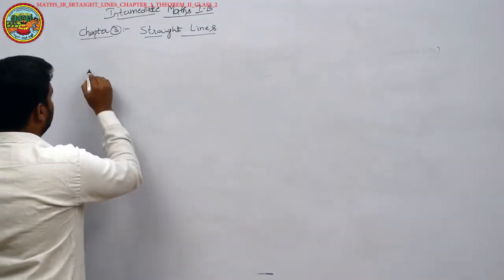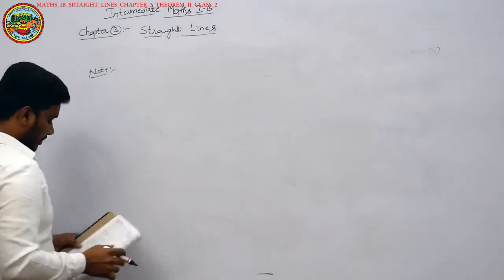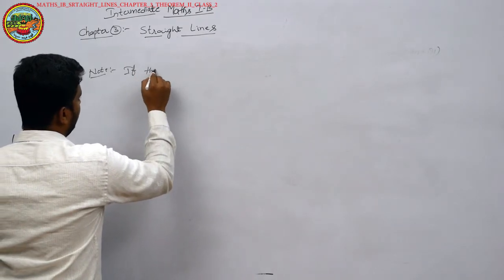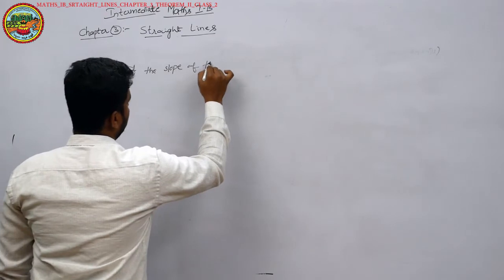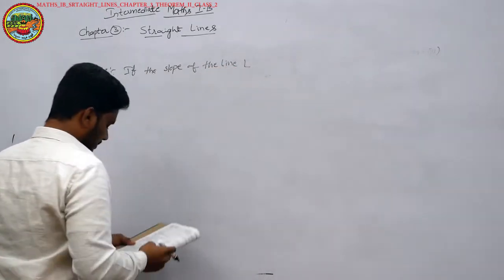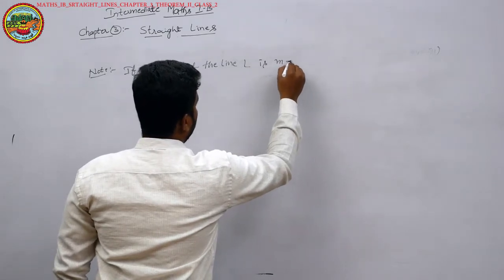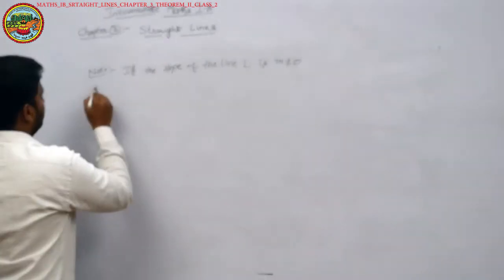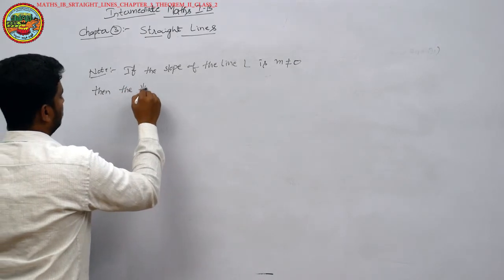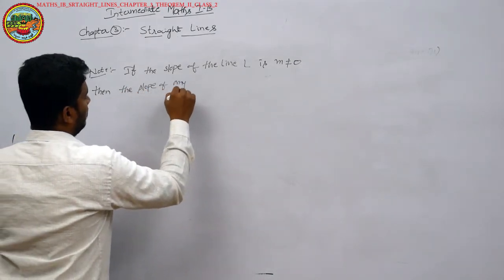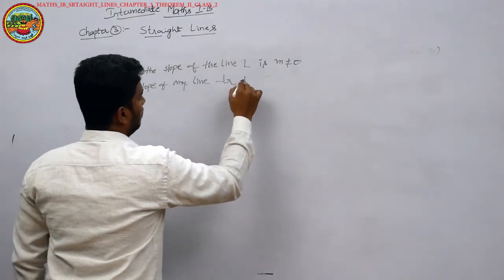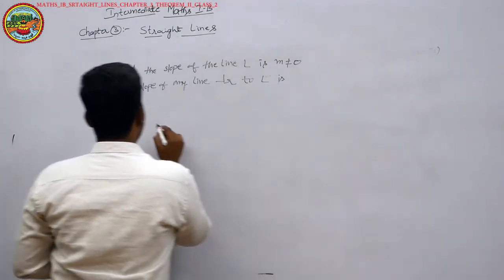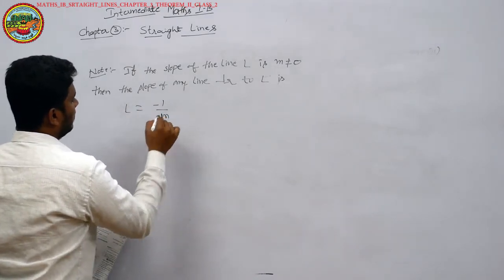So here is a note: if the slope of the line L is not equal to 0, then the slope of any line perpendicular to L is minus 1 by m.